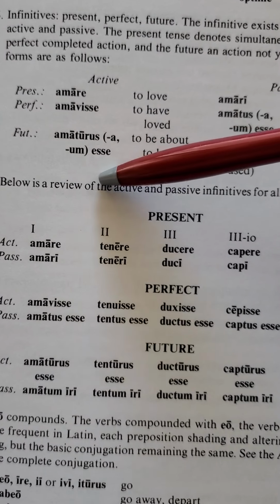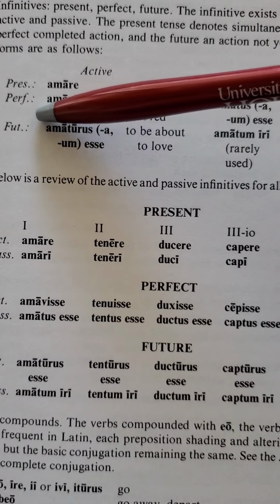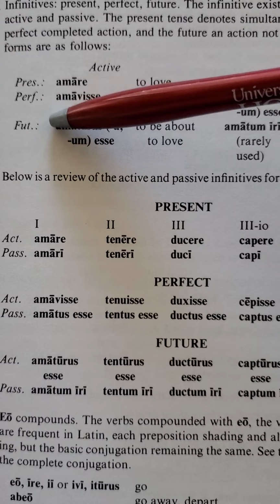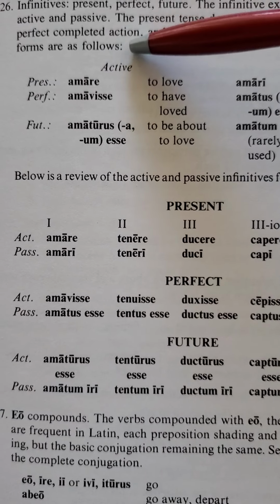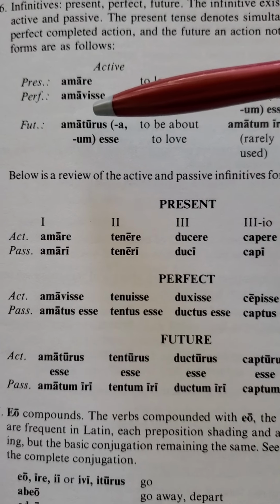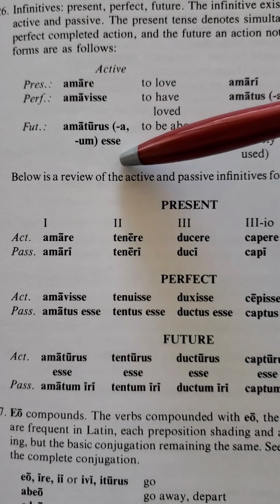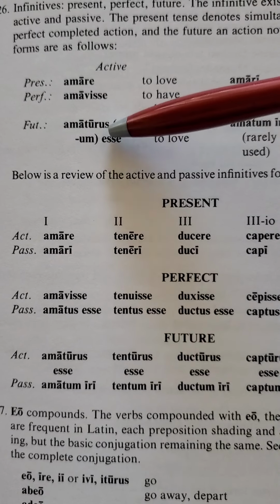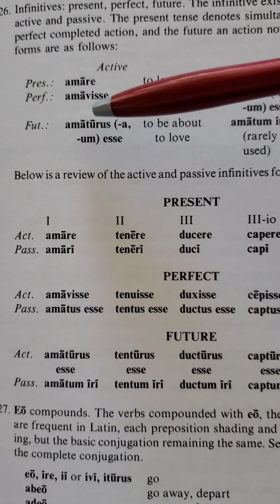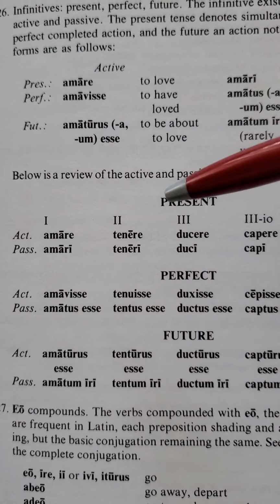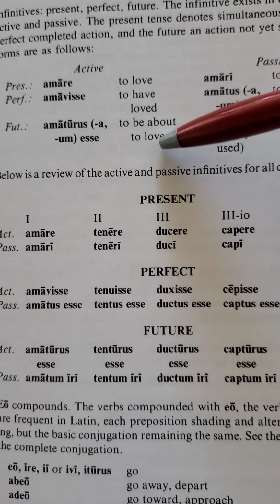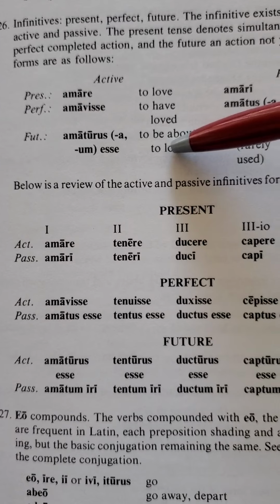So here's the future infinitive. This is why in this chapter the future participle is reviewed. So here's the future active participle, because it's active, amaturus, amatura, amaturum, plus esse. So that's the participle, and when you connect it with the to be infinitive, it becomes the future active infinitive of amare. So amaturus esse means to be about to love. I know, crazy.